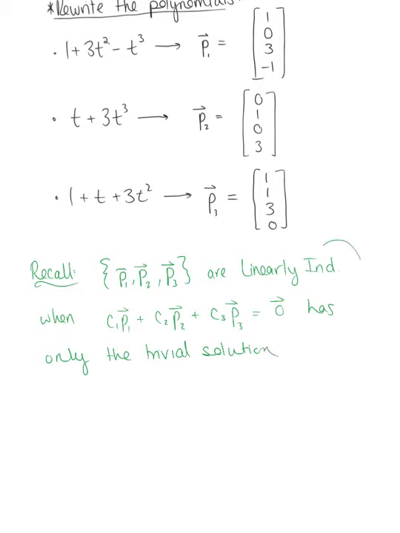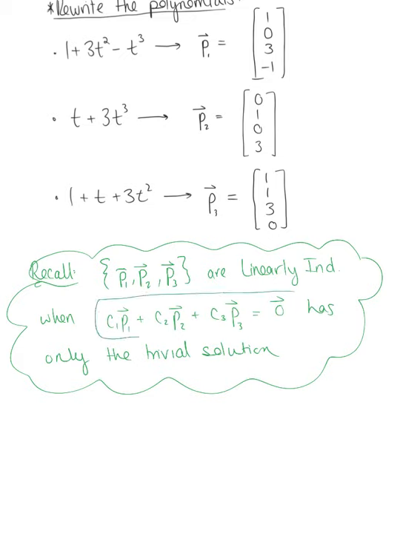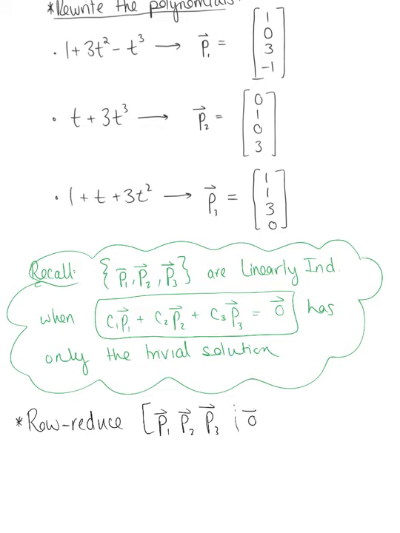So what we can do here to test this is convert this vector equation to an augmented matrix to make sure that we end up with the 0 vector. So let's row reduce the augmented matrix p sub 1, p sub 2, p sub 3 with our 0 vector to reduced echelon form to test if this is linearly independent or not.